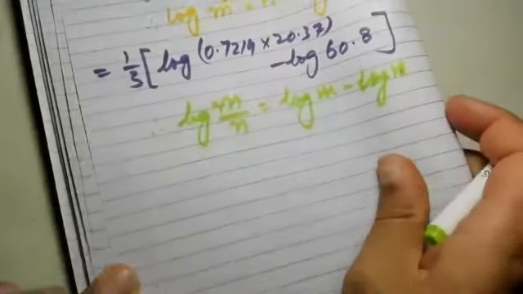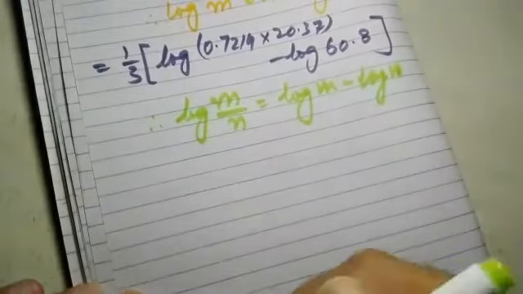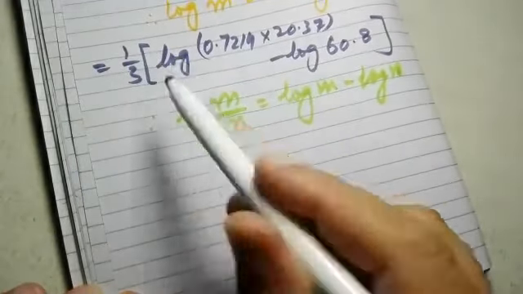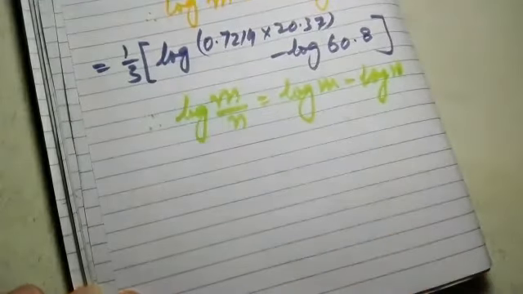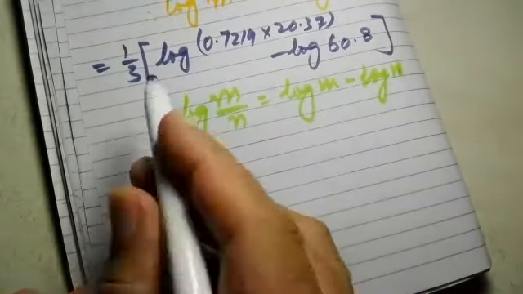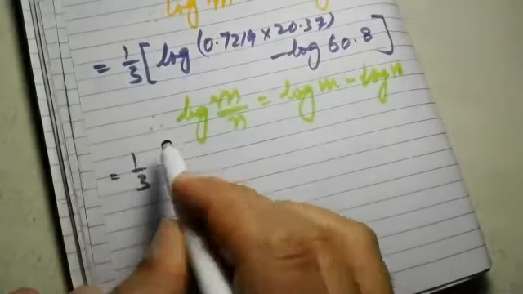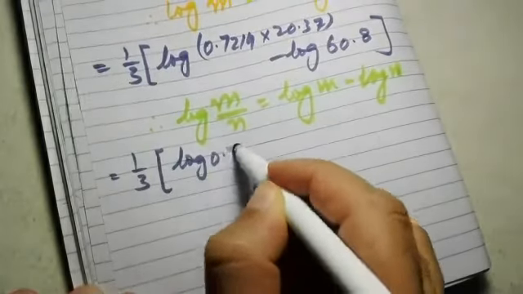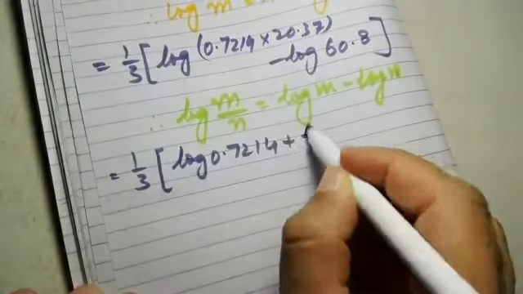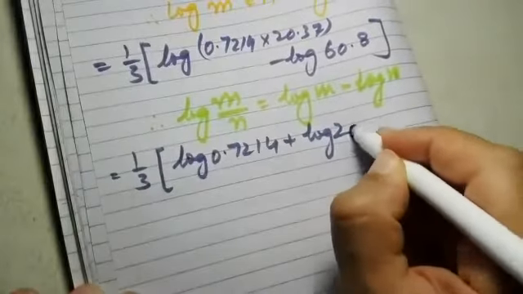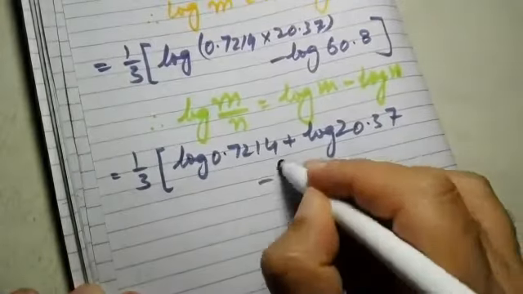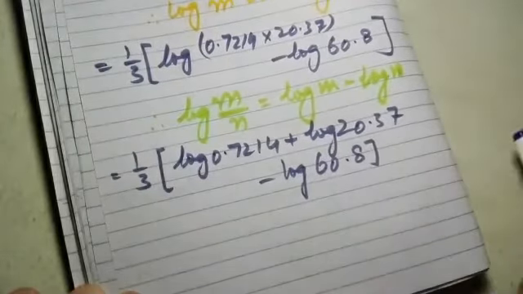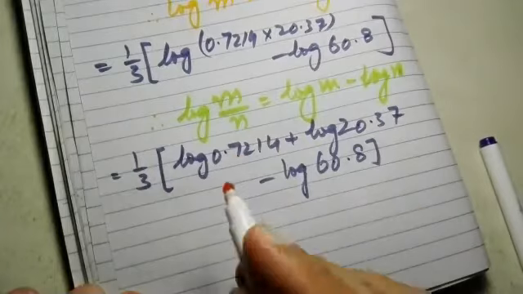But in the last step, these two numbers which are being multiplied within a single logarithm, I will convert into a sum of two logarithms, so that I can then apply the calculator to find the logarithms. So on the right hand side, I would write log 0.7214 plus log 20.37 minus log 60.8. I have done this because of the first law.